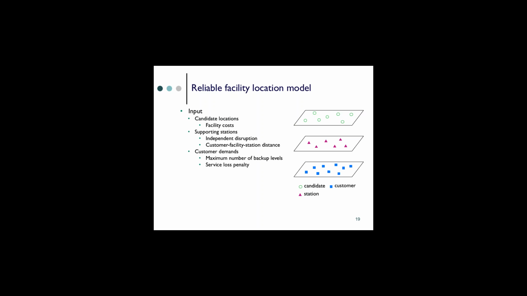And we have multiple customer demand points. And each demand point has a maximum number of backup levels, and the penalty cost for losing service. The decisions include the facility number and locations, as well as the assignment of customers to facilities.